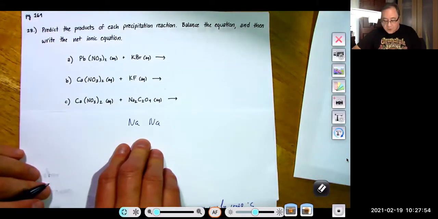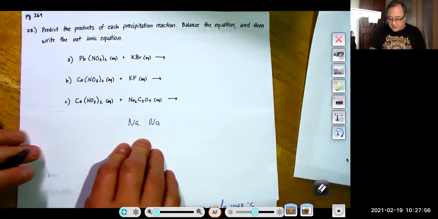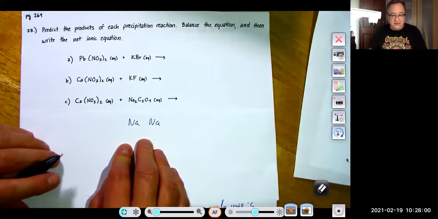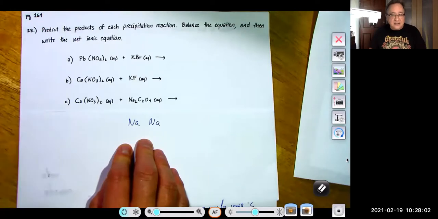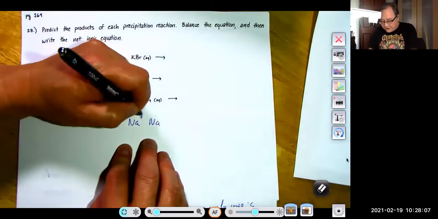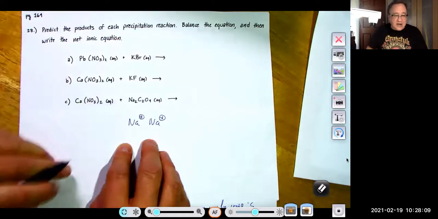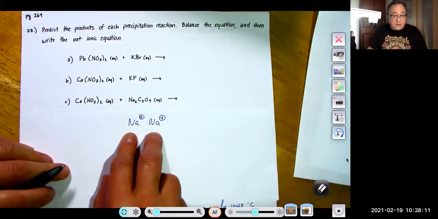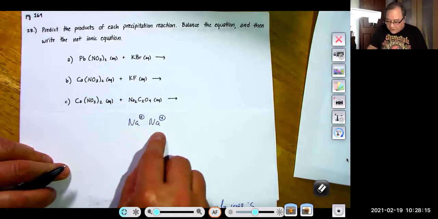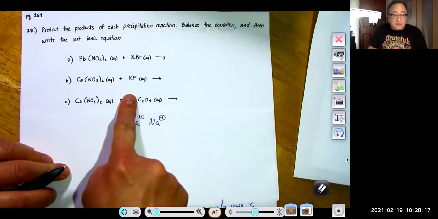And whenever you see a formula like this, you're going to assume that this only has 2 types of ions, a cation and an anion. So these are the cation, right? There's 2 of them.